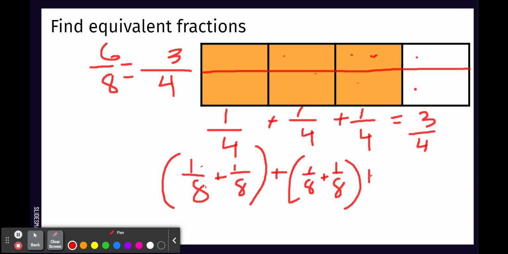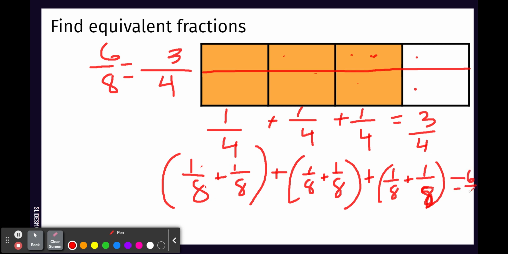And then I'm going to add this to another eighth plus one more eighth, which if we combine all of these together, this is going to equal 6/8.